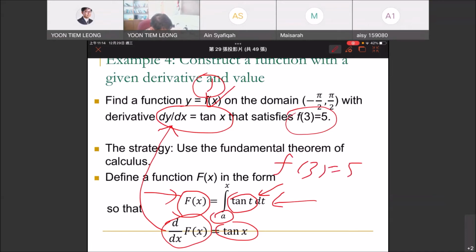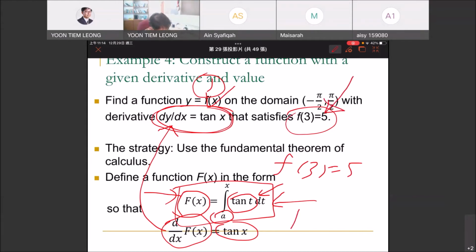So if you define your function F to be just like this, you have not actually found the answer yet. You have only found the first condition fulfilled, that is dy/dx of capital F is tangent x, but you have not been able to fulfill this condition.